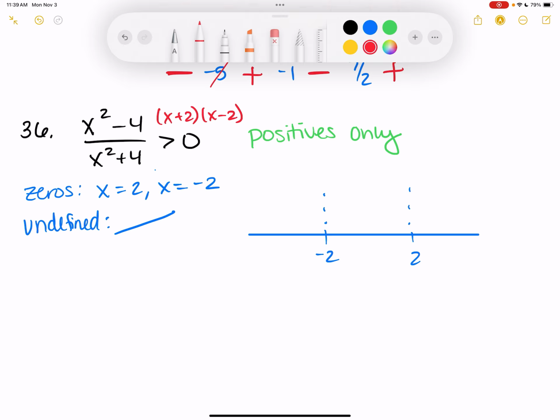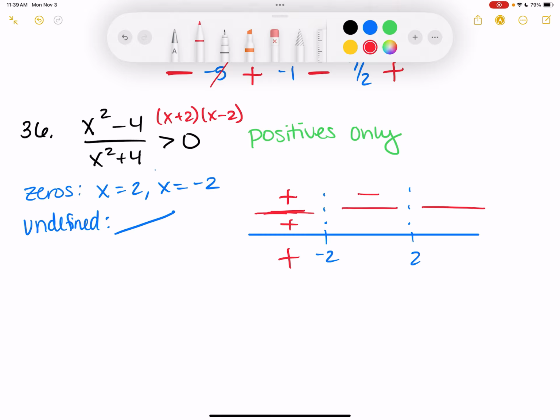It might be easier to see this if we rewrite this as x plus 2 and x minus 2. But this one's relatively easy, so I could leave this here to plug in the values and just say the top is either positive or negative, and then the bottom's either positive or negative. Up to you how you want to do it. If I plug in, let's say -3, what's going on top? Positive. And what about the bottom? Positive. So that whole area is positive. What about 0?